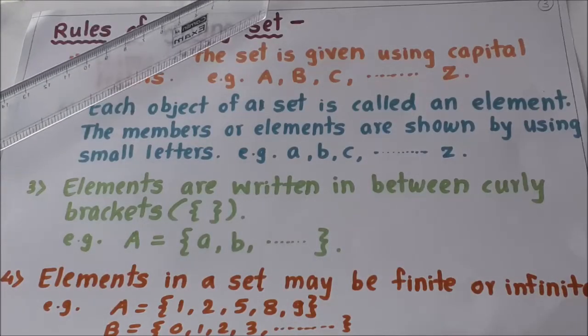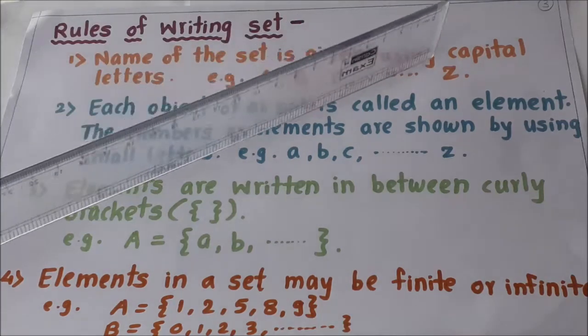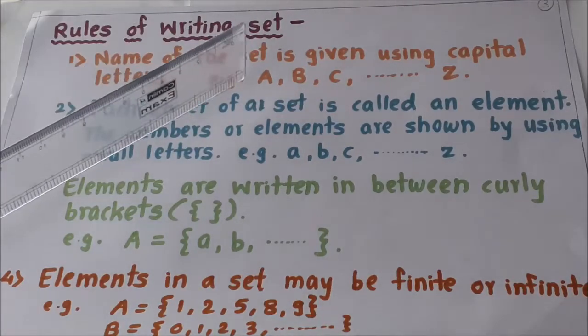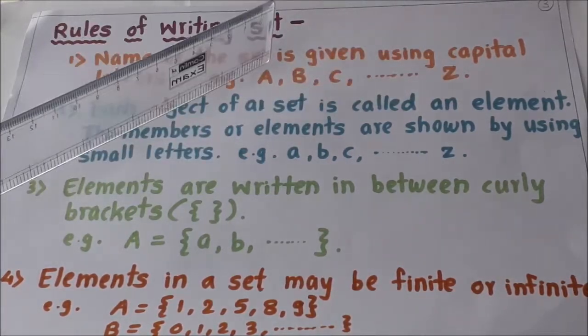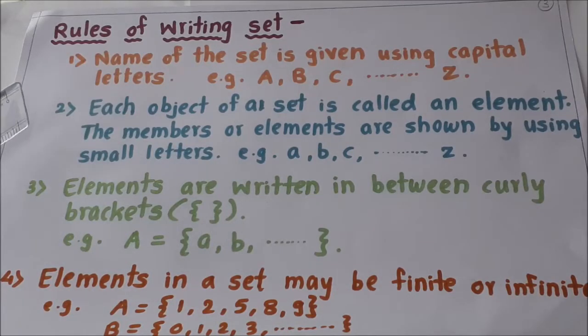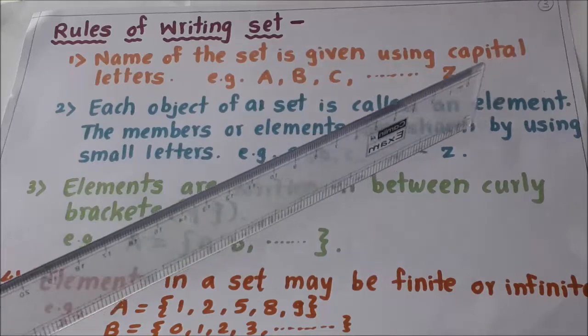Rules of writing a set. Now we are going to learn how to write or define a set. First point, the name of the set is given using a capital letter. Always remember, the name is denoted by capital letters only. As per your convenience, you can use any alphabet from A to Z. Second point, each object of a set is called an element.